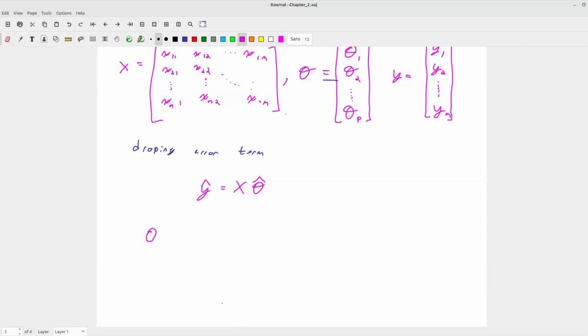And we are given this wonderful expression from that equation above. We just move some things around. Theta hat is equal to x transpose x inverse x transpose y.